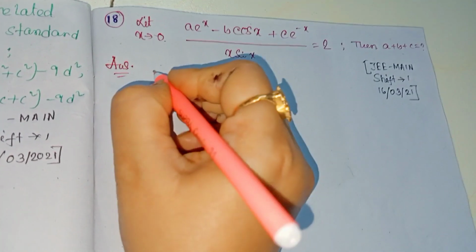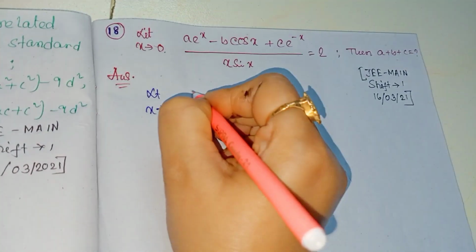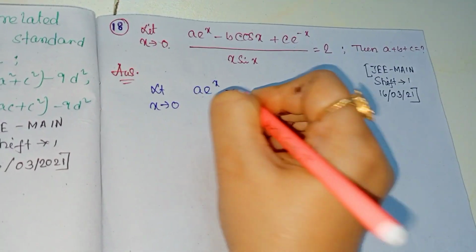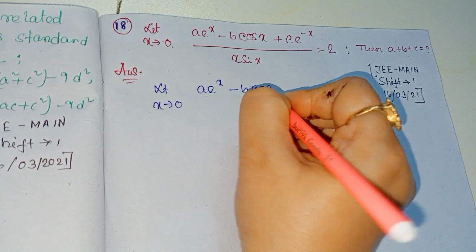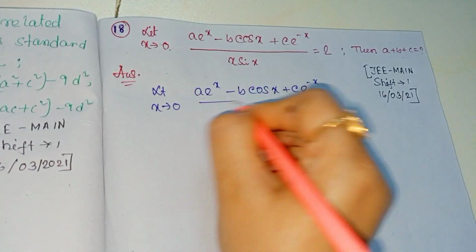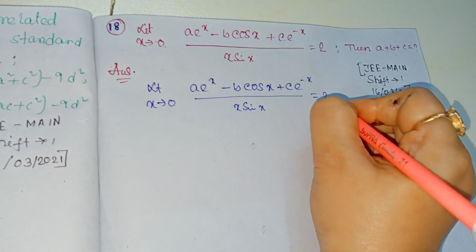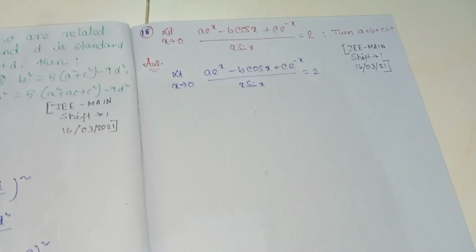So at first, limit x tends to 0 of (a e to the power x minus b cos x plus c e to the power minus x) by x sin x is equal to 2. It is given here.